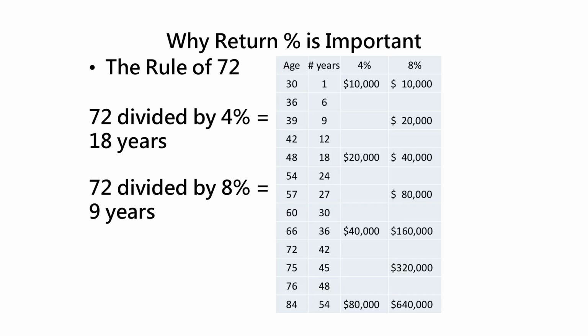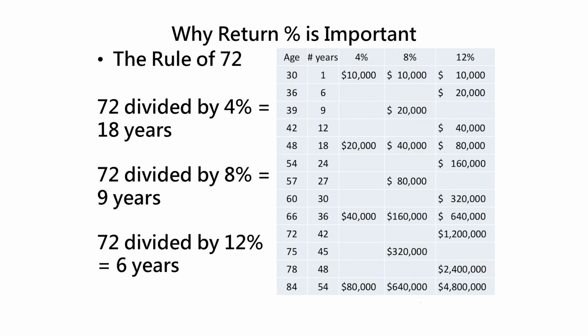And here is the illustration to show if the interest is at 8%, your money will double every 9 years approximately. See, at age 84, it will increase to $640,000. And here shows what would happen if the interest rate is at 12%. Again, I'm just using arbitrary numbers to show you the math, okay? See, your money will double every 6 years.